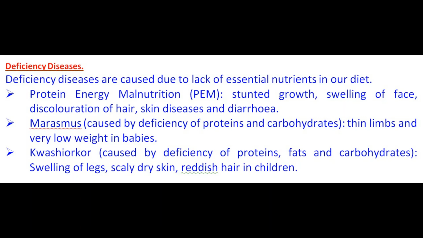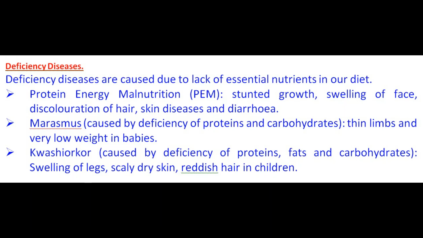Marasmus is one of a series of diseases that comes because of deficiency of proteins and also of carbohydrates. If both are lacking, then marasmus is caused. Very thin limbs and very low weight, when the babies are born with very low weight and thin limbs.